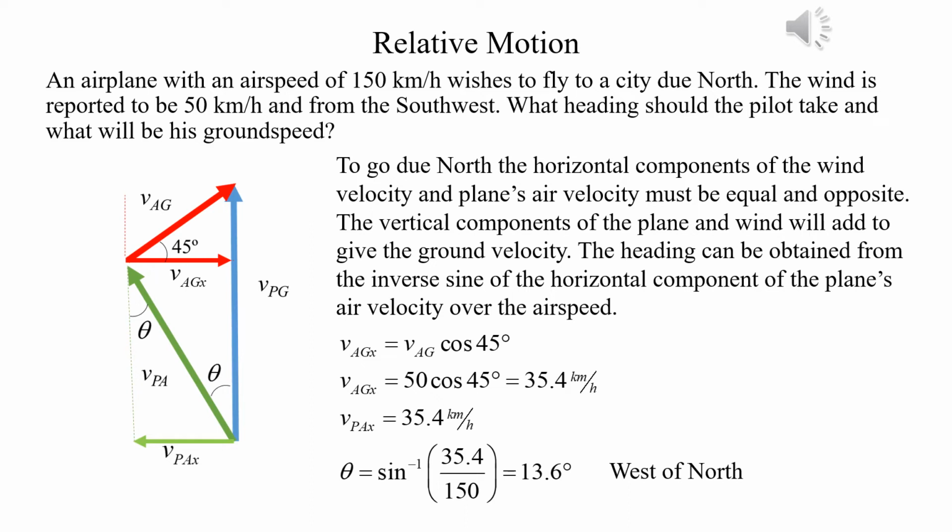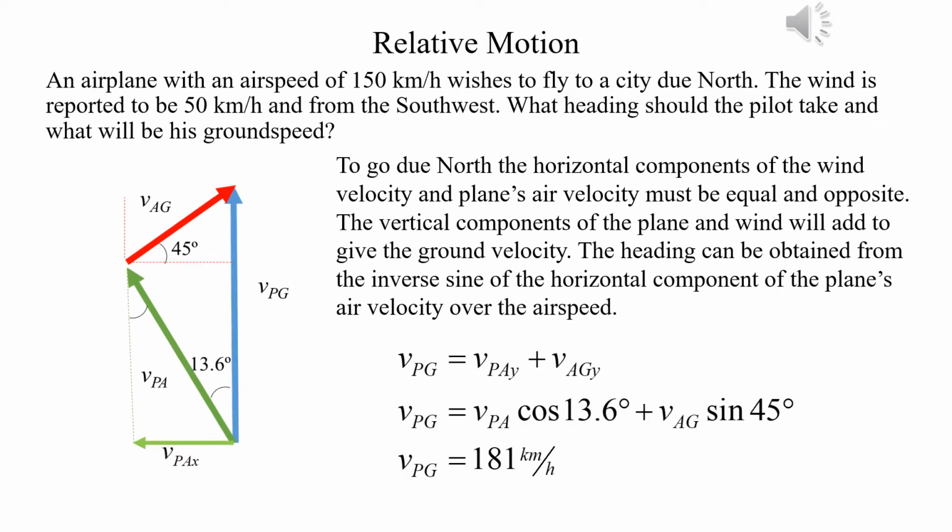And then we get the angle that the plane has to point as the inverse sine of 35.4 over 150, and that gives 13.6 degrees west of north. So the plane is going to have to head in a direction 13.6 degrees west of north so that he ends up going due north with respect to the ground.